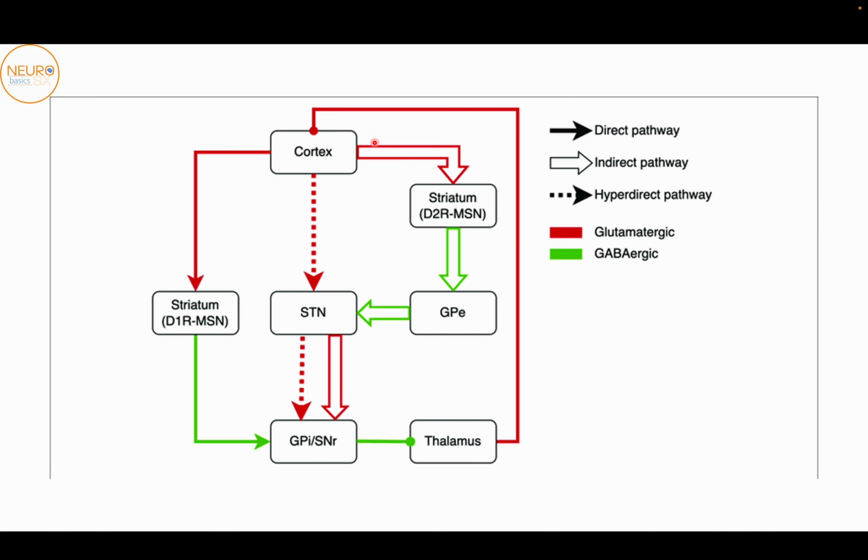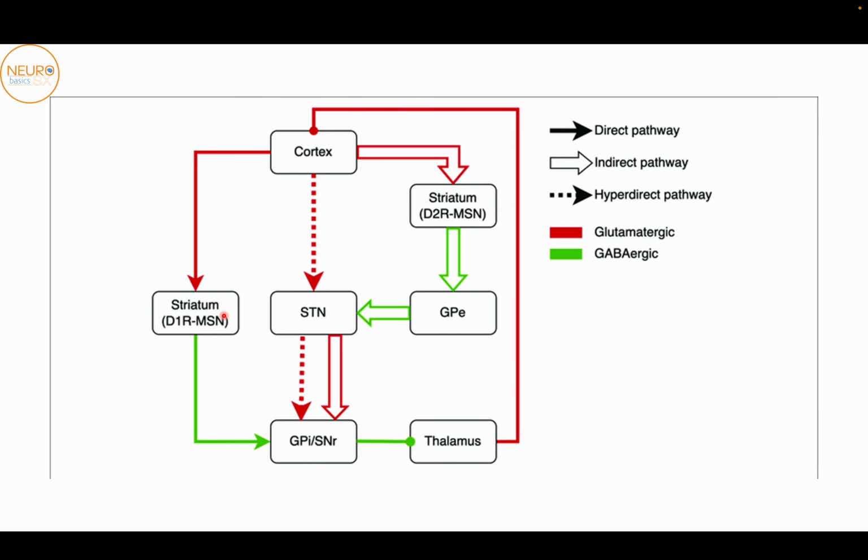Then the indirect pathway is from the cortex to the striatum through all these other structures in between, that's GPE, STN, and then GPI SNR. And once this indirect pathway is stimulated, it is going to be inhibitory. So I for I, indirect pathway is going to lead to inhibition. Okay, so motor activity will be stimulated by the direct pathway and will be inhibited by the indirect pathway.